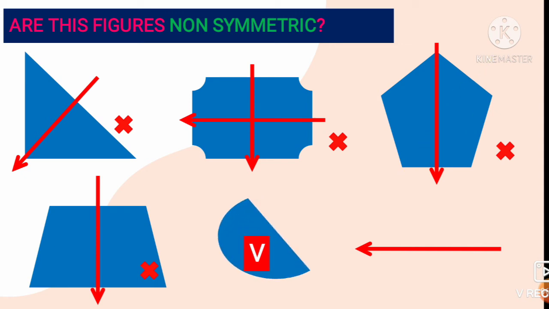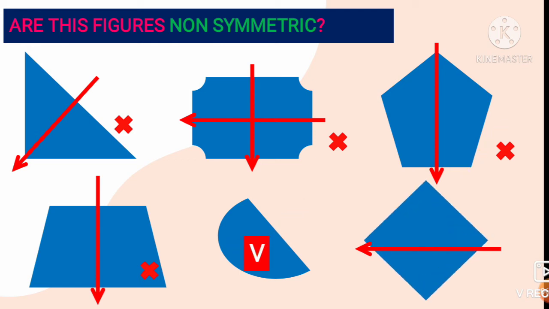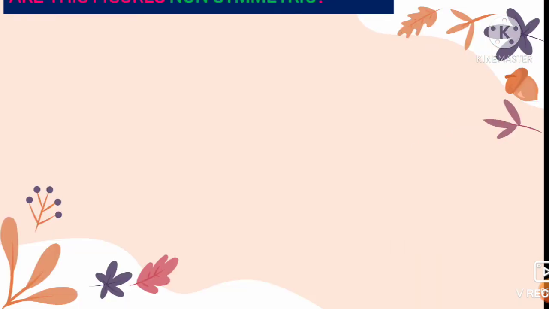What about this? Can we put the line here? No, no, no. Okay, so this figure is non-symmetric. Correct. What about this? Square. We can put a lot of lines of symmetry there. So this is no for non-symmetric because it is symmetric.